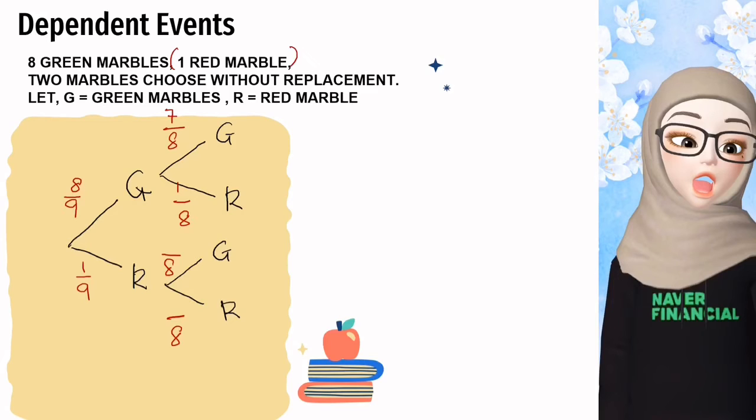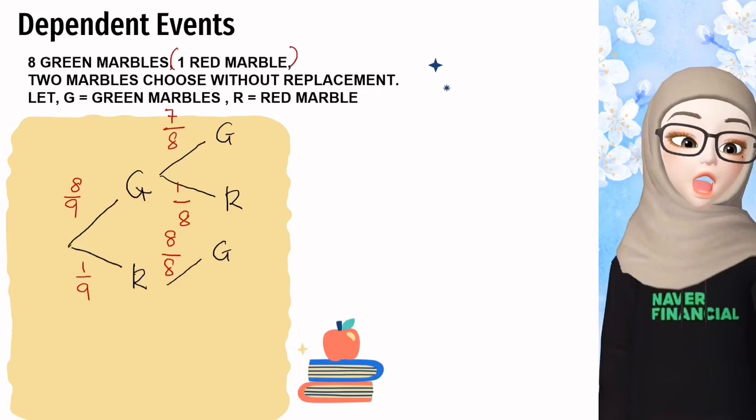We just have 1 red marble, so this event will not happen for the second try. For the second try, we just have green marbles. So how many green marbles? It will be 8 over 8.